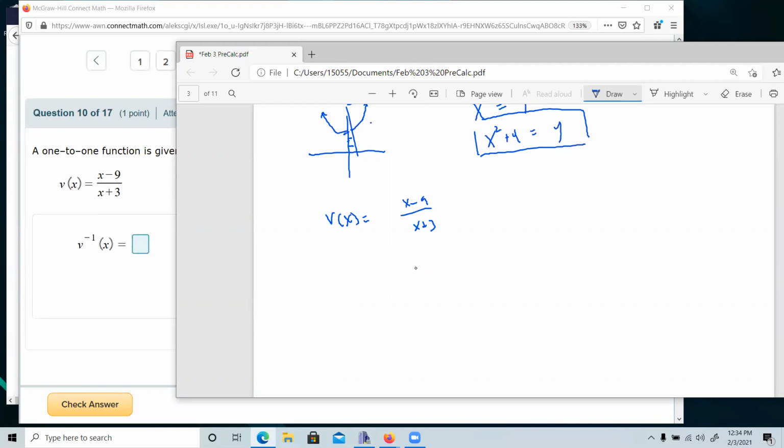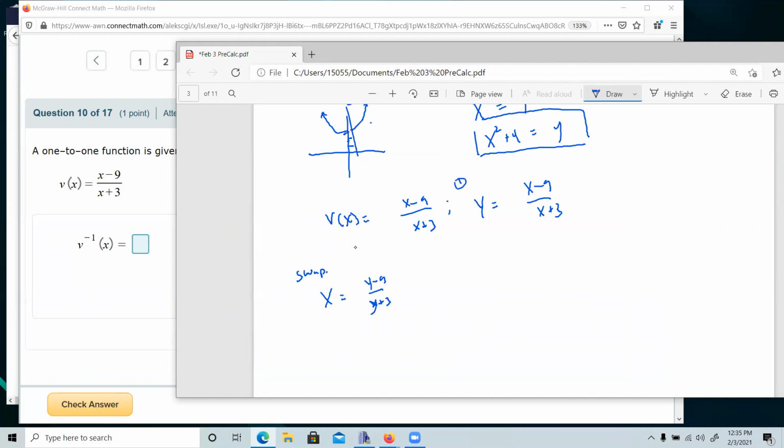The next thing we do is we write this as y equals (x minus 9)/(x plus 3). Now we're going to swap the variables. We say x equals (y minus 9)/(y plus 3). This is the swap.